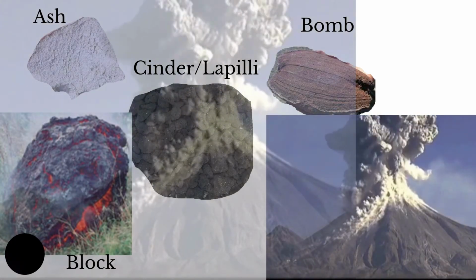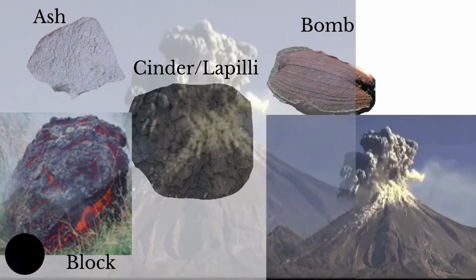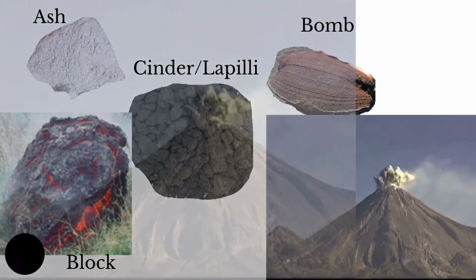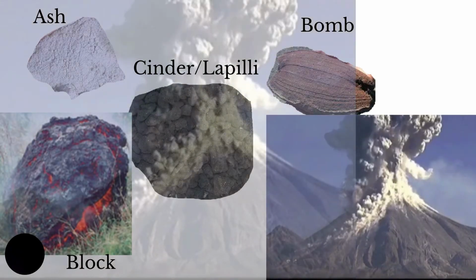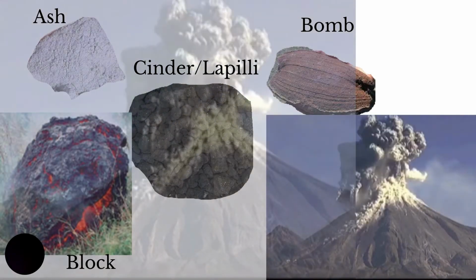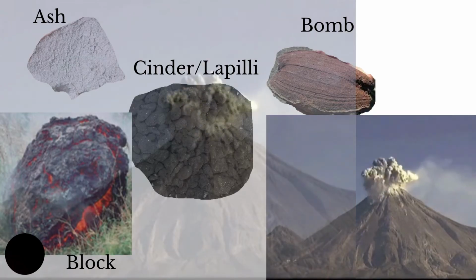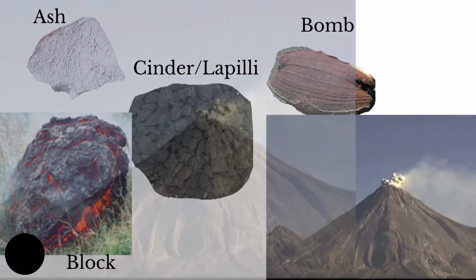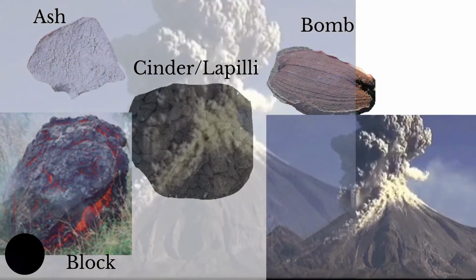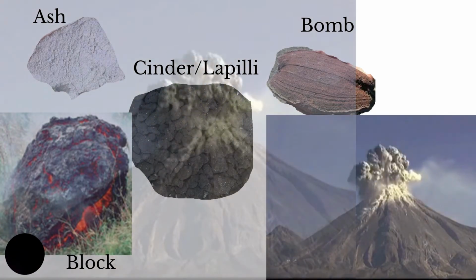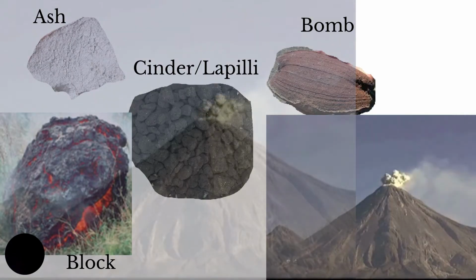Cinders or lapilli are pebble-shaped volcanic materials. Bombs are larger materials with aerodynamic shapes.